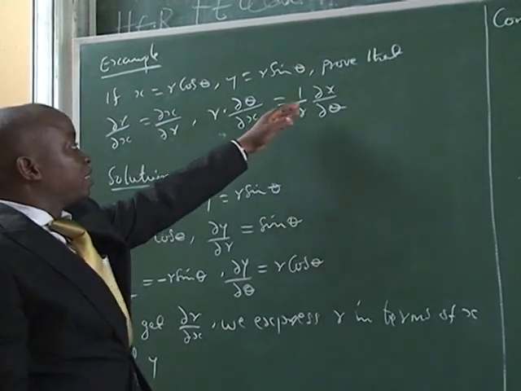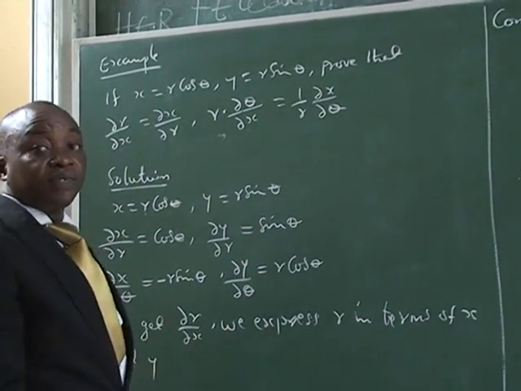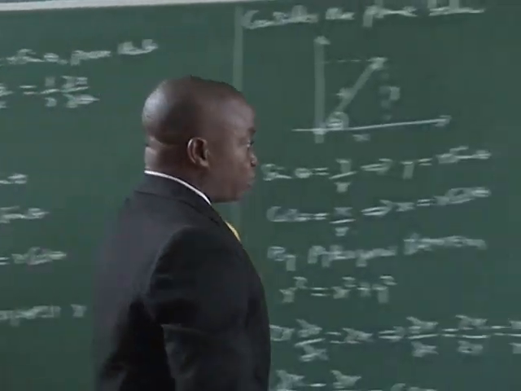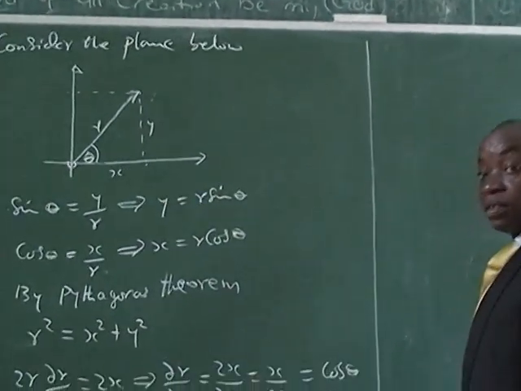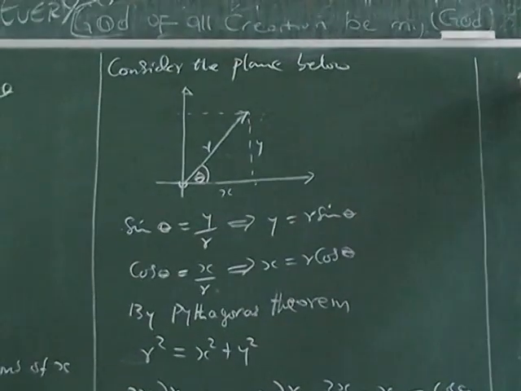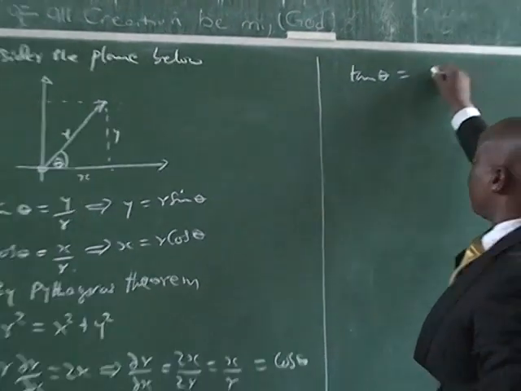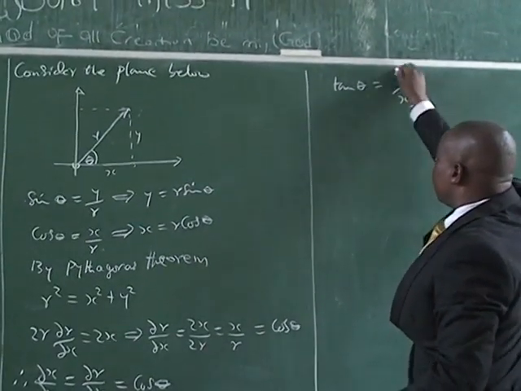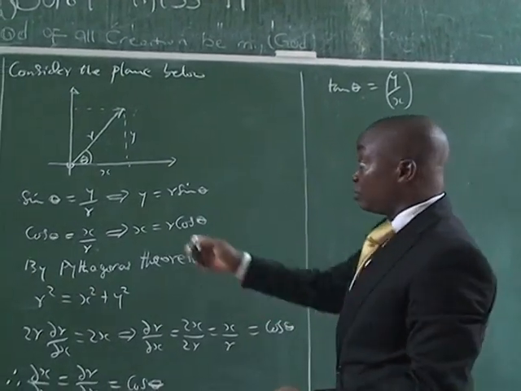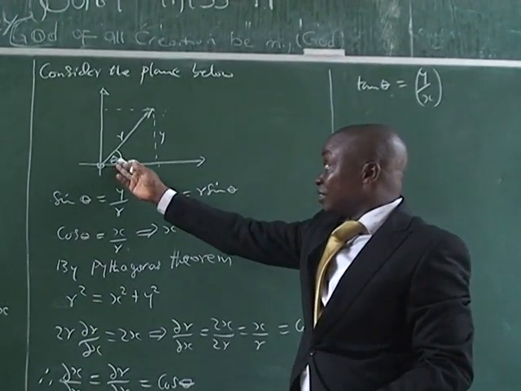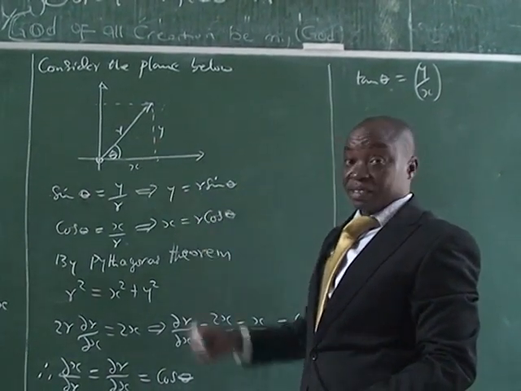Now the next one, we are asked to show that r times partial theta partial x is the same as partial x partial theta, and so we also need to define theta in terms of x and y. Now to do that, we also go back to our coordinate plane. You see that theta, we know that tan theta is equal to y all over x. At this stage, it is assumed that students should know that tan theta is opposite all over adjacent.